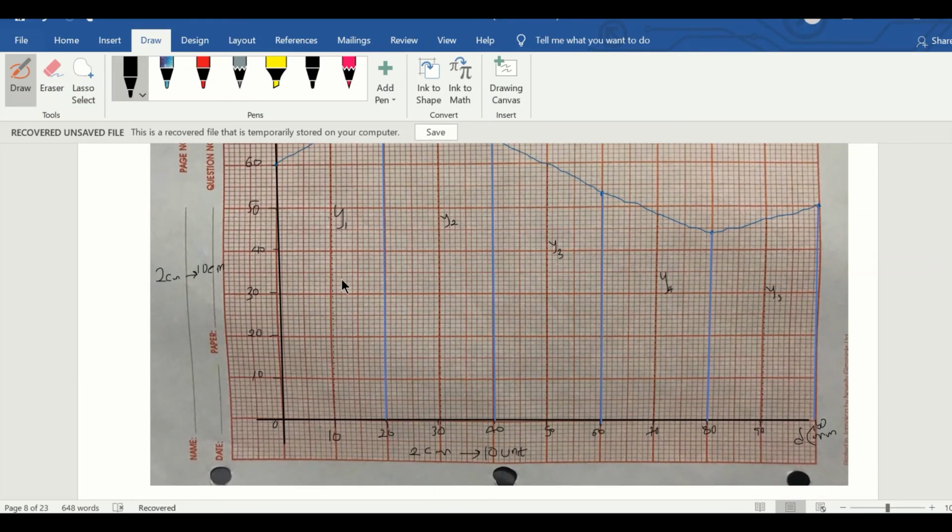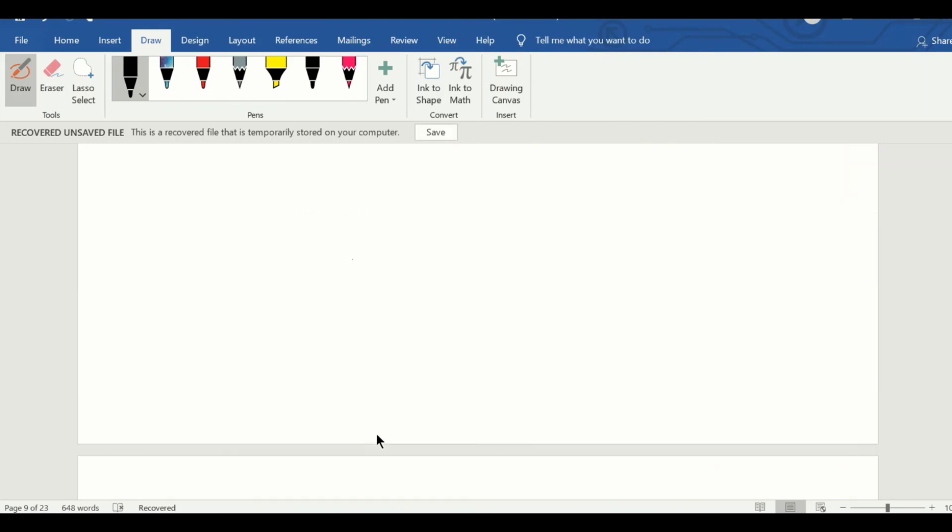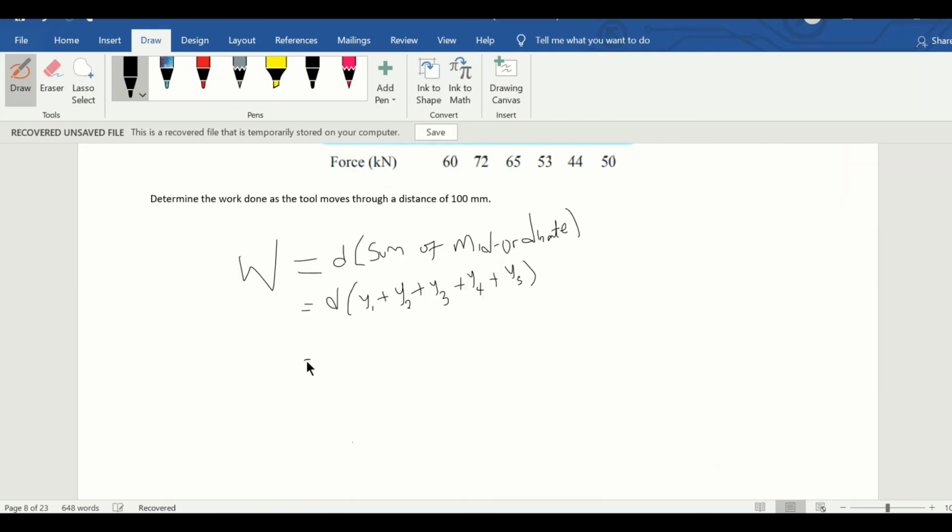Now, let's get our width of interval. In this case, my width of interval is 20 because 0 to 20 is the length of each interval. So I can write my D is 20.